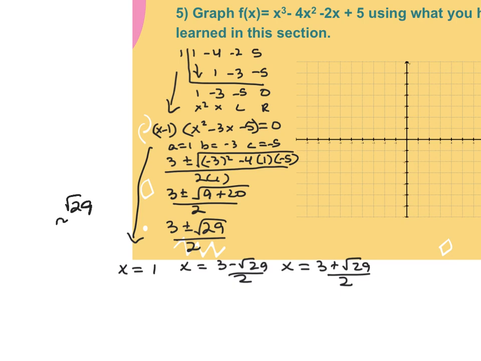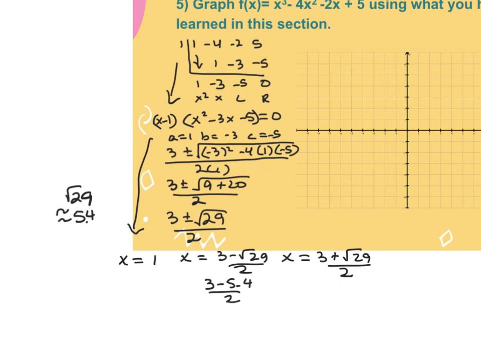Now, let's go ahead and approximate the square root of 29. The square root of 29 is about 5.4. So let's figure out where we need to place our zeros. 3 minus 5.4 divided by 2 will be approximately negative 1.2.